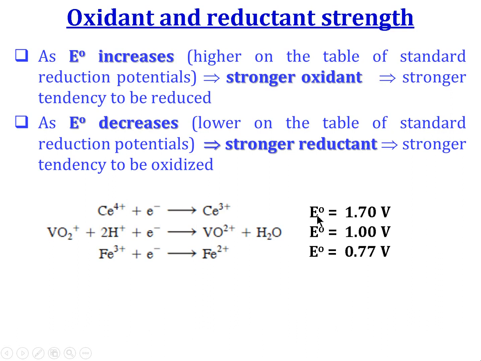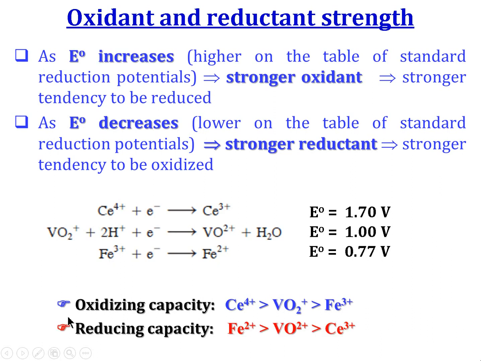Since E0 of the first couple is greater than the second, greater than the third, cerium 4+ is a stronger oxidant than VO2+, stronger oxidant than Fe3+, and in the same way, Fe2+ is a stronger reductant than VO2+, stronger reductant than Ce3+.